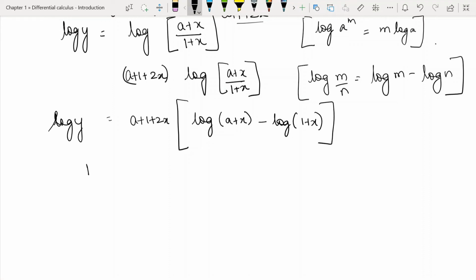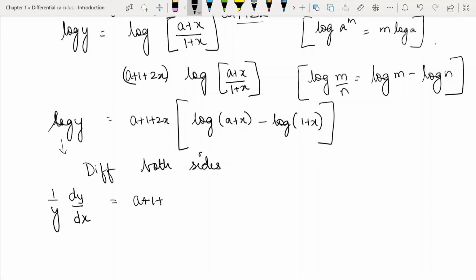Okay, now is when we are going to say differentiating both sides, because now we can easily apply the product rule. Okay, so on the left hand side what you get is 1 upon y dy by dx equal to product rule.